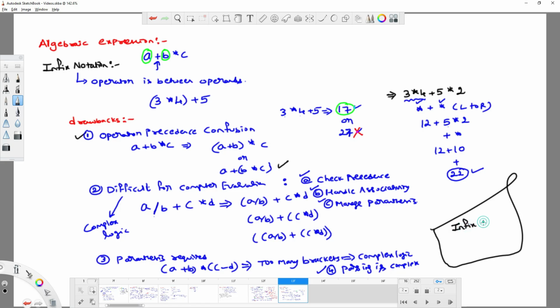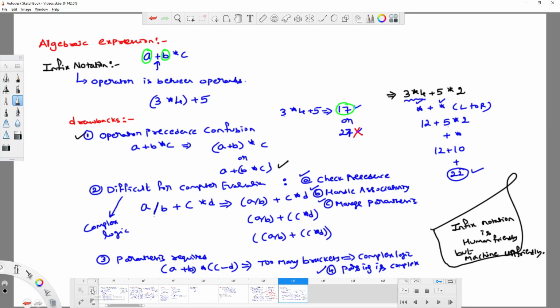Definitely infix notation is human friendly, but it is machine unfriendly.